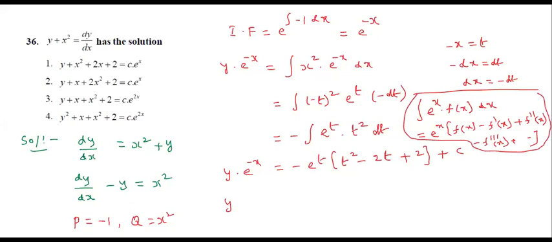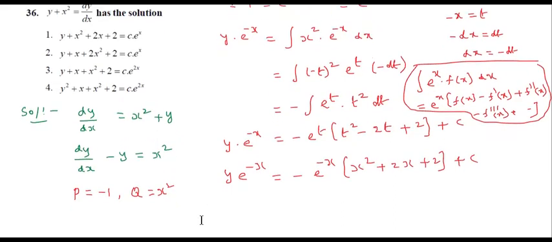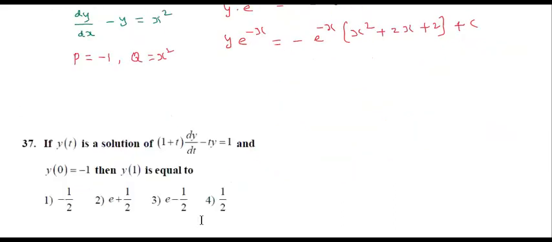Now y into e power minus x is equal to minus, in place of t substitute minus x, e power minus x whole square, x square, here will come plus 2x plus 2 plus c. Now on the right hand side, take e power minus x common, and the e power minus x on the left hand side is going to cancel.